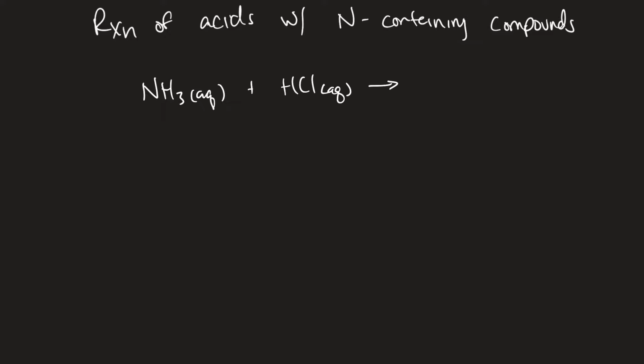Ammonia is going to be your base here, so it's going to take in the hydrogen from the acid, and what you're going to have is an ammonium ion plus your chloride ion. These are aqueous solutions, so we could just write them together, but remember, in aqueous solutions they're separated.